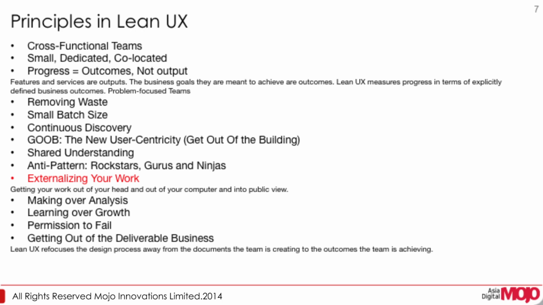As soon as you have ideas, you need to talk to your team members, talk to your neighbors, to publicize your ideas. We favor continuous analysis of what we do, and learning from the process. We favor learning over growth.